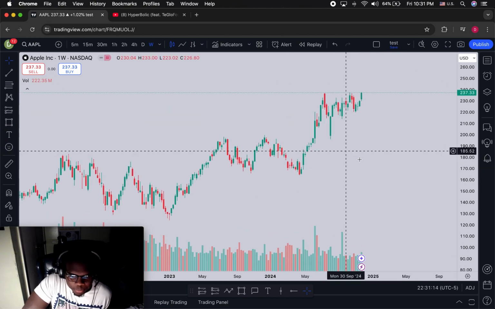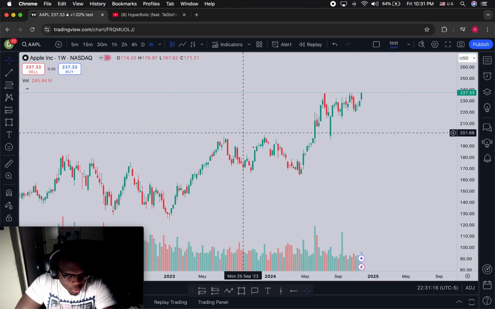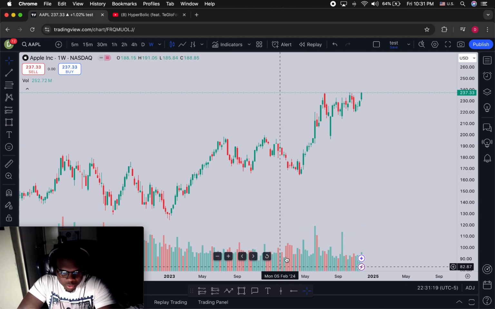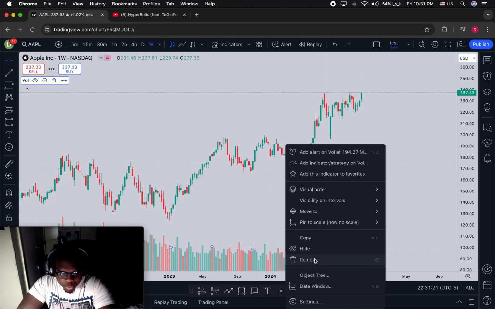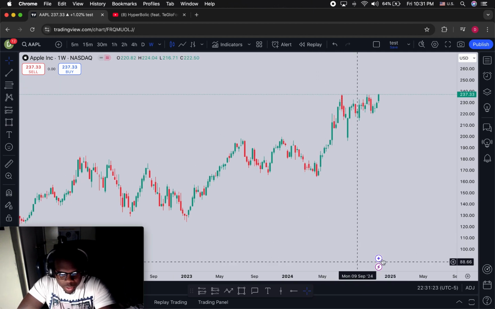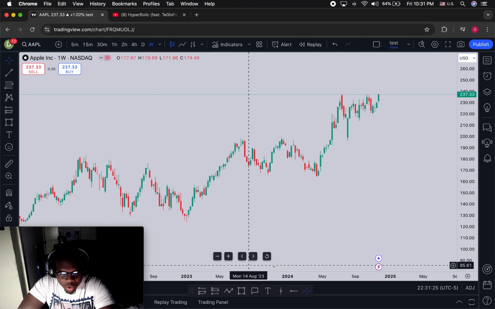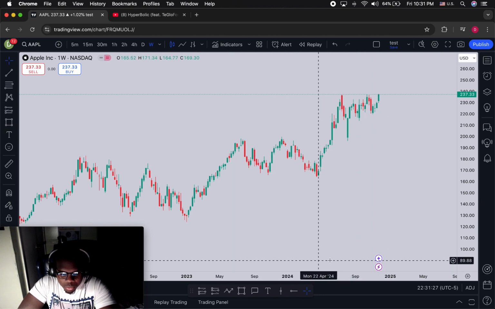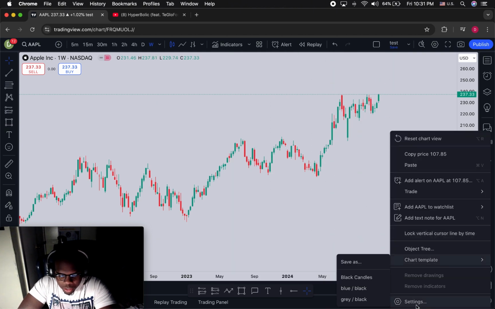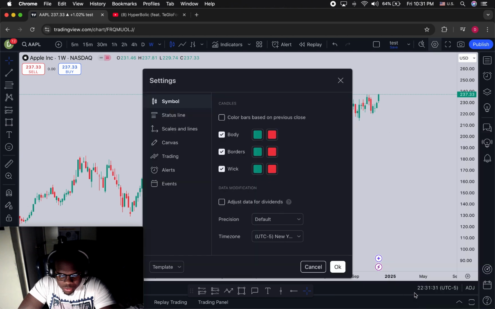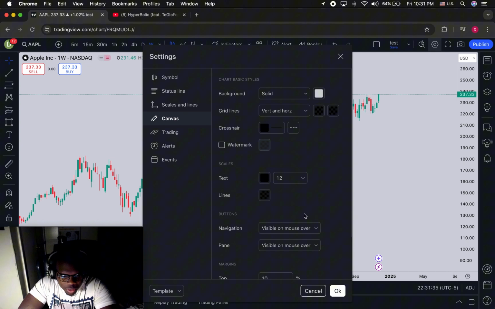Cool. So for the chart, we're going to right click on the volume, remove. We don't need any of these things. You guys might have the earnings and stuff for the stock that it shows. You go to settings for it, go to canvas, because this is our canvas.